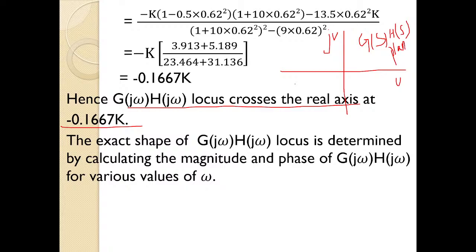I'm unable to press my cursor properly. If I press it, a line comes into existence. So this is the G of S, H of S plane.